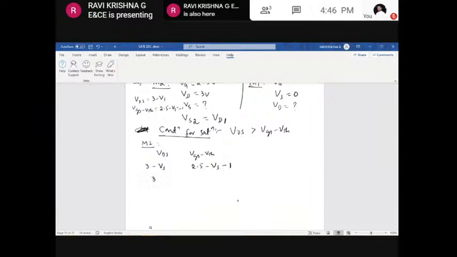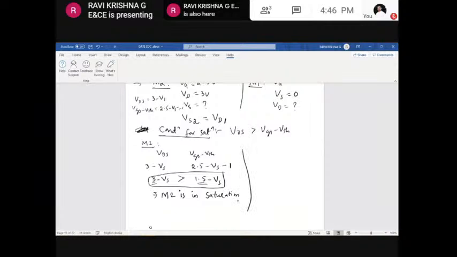Simplifying, on the right hand side it is 1.5 minus Vs. We don't know Vs, but it will take some value. If you look at the first term, this has the value 3 and this has the value 3, so definitely VDS should be greater than VGS minus VTH. This condition will be satisfied. So what it implies is that M2 is operating in the saturation region.